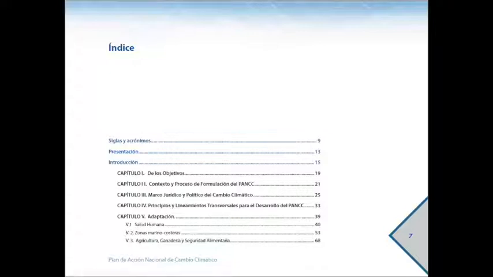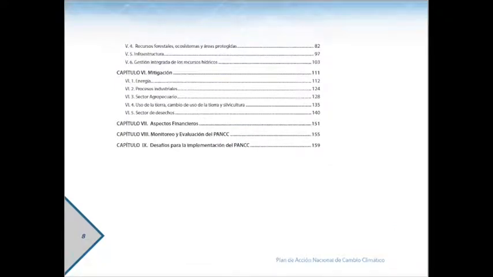Probably hard to see from the back, but here we have the chapter on adaptation. So we have one section on human health, one section on coastal areas, another section on agriculture, cattle, and food security. Then another section on forest resources, infrastructure, and water management. So those were the 6 sectors that we decided to work on for our adaptation plan.